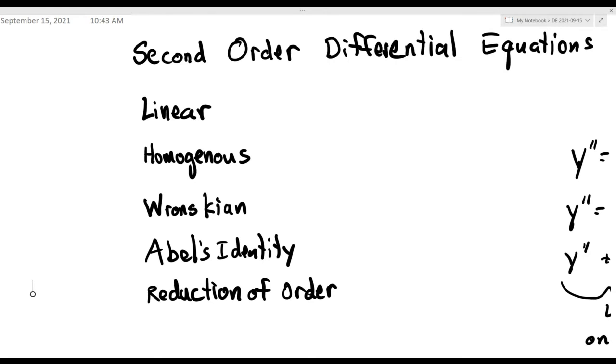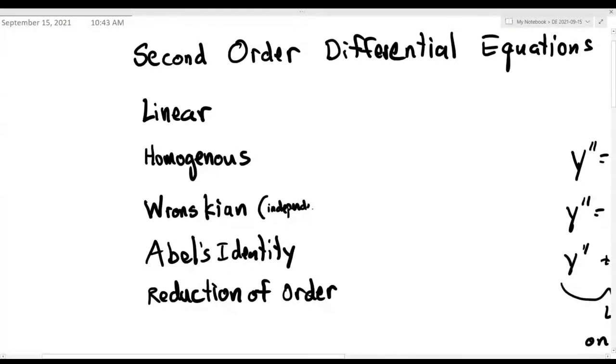We'll look at the Wronskian, which is a way of checking for the linear independence of functions.